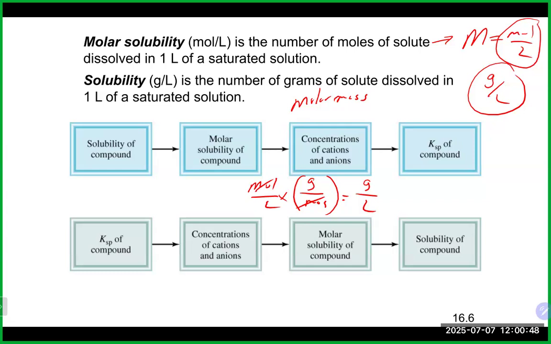One type of problem that you are asked to do is to find, for example, the KSP value for a substance. And what you are typically given in that case is the solubility of the compound. And by the way, the solubility of the compound could be in any unit. It could be grams per liter, it could be milligrams per milliliter or something like that. It could be really in any type of unit.